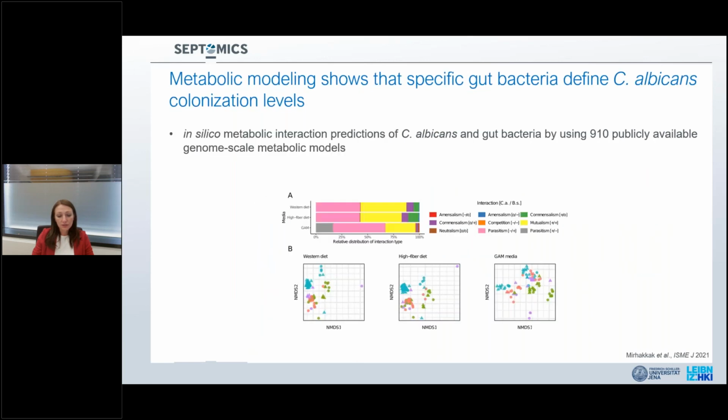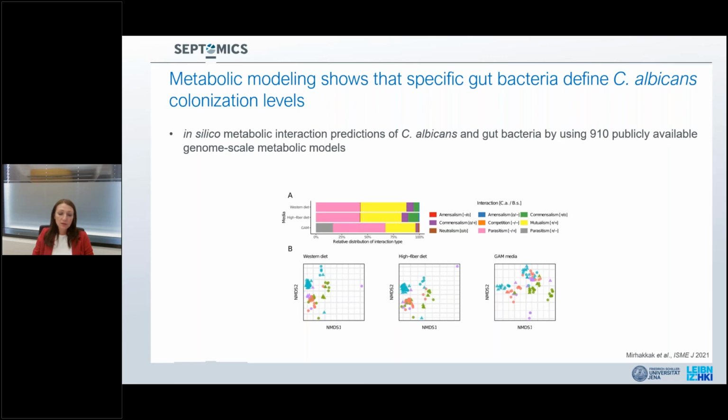And next, they generated in silico metabolic interaction predictions about Candida albicans coupled to gut bacterial genome scale metabolic models that were available for 910 genome scale metabolic models in bacteria. And this was achieved by pairwise metabolic analysis by linking the Candida albicans model to each gut microbe model.